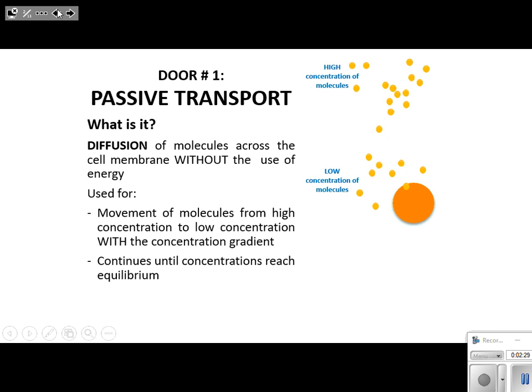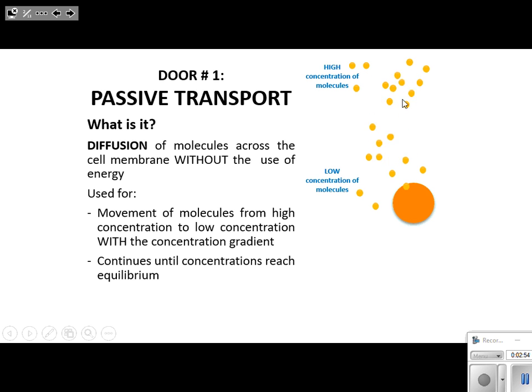The diffusion of materials across the cell's membrane without the use of energy. Now, this goes from a concentration of higher molecules to a concentration of lower molecules. So, it goes with the concentration gradient.